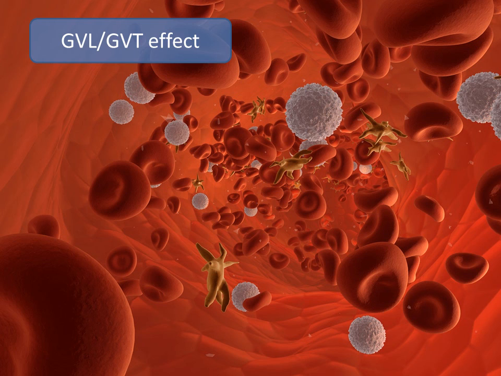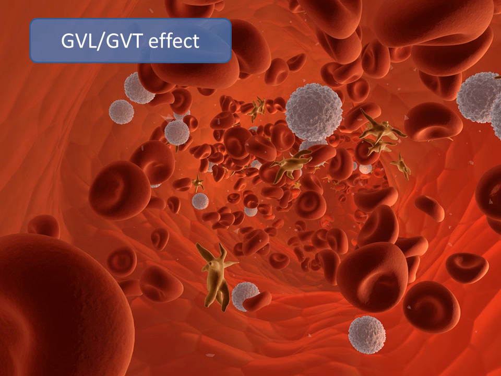When alloreactive T cells in the graft help to rid the patient of residual leukemia cells, it is called a graft versus leukemia effect, or a graft versus tumor effect. A current movement in hematopoietic stem cell transplantation is to use new protocols that seek to promote the GVL reaction and to place less emphasis on using chemotherapy and irradiation to eliminate the tumor.